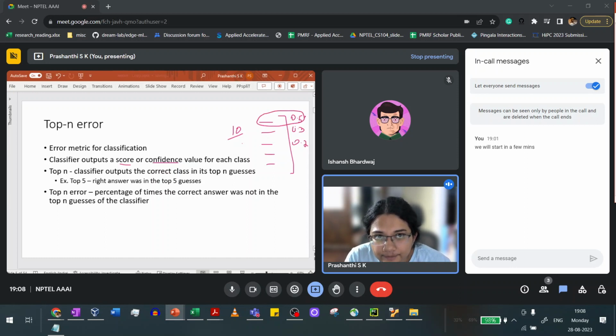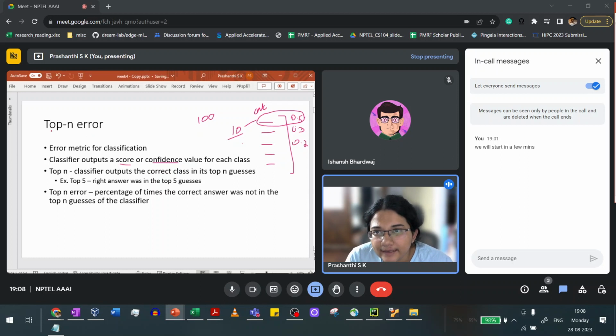In this case that would be 0.5, and let's say this class belonged to cat. So you would say, okay, the classifier said that the answer is cat. Does that match my actual class of the image? Suppose it matches, you say this is correct, and let's say you run this 100 times and you see how many times out of 100 it is correct. That's one way to do it.